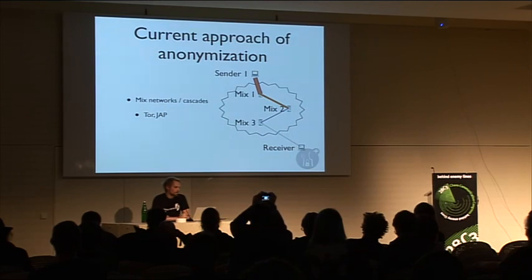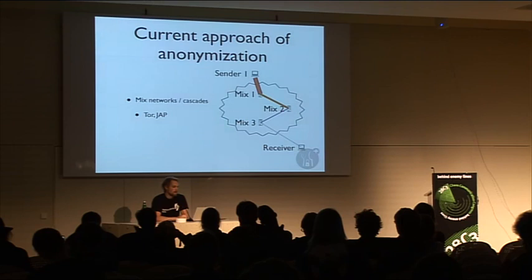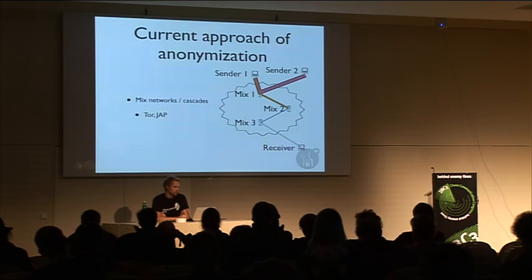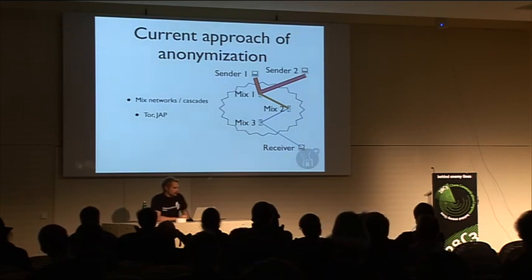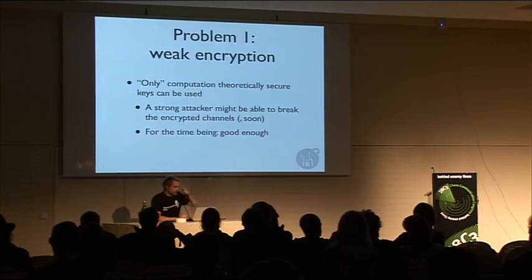There is a network of so-called mixes, and a sender can construct encrypted channels through these mixes to hide the fact who is communicating with whom. If a second sender does the same, then from outside it becomes very difficult to find out who's communicating with whom. I guess everybody already knows this idea.